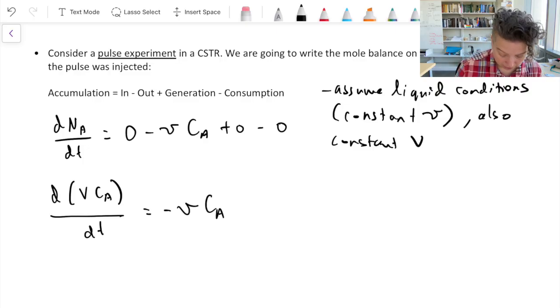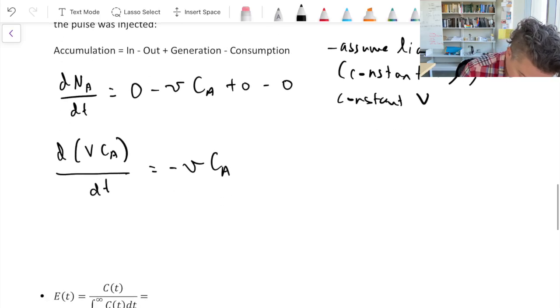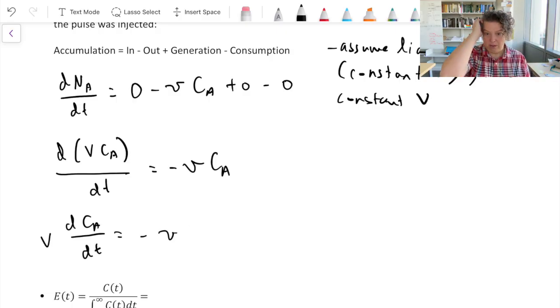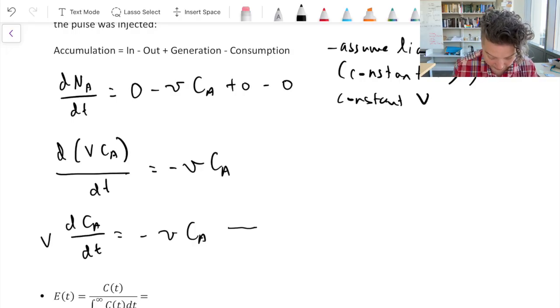Another thing I can do here is treat the volume as constant, so I can bring it outside of the derivative. That gives me this expression. Since I'm interested in residence times, I'm going to divide through by volumetric flow rate.